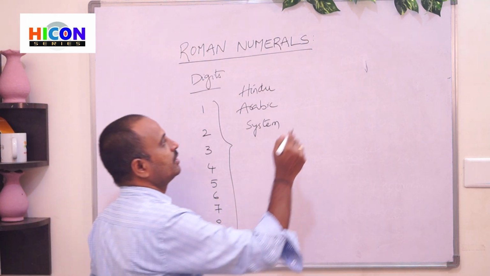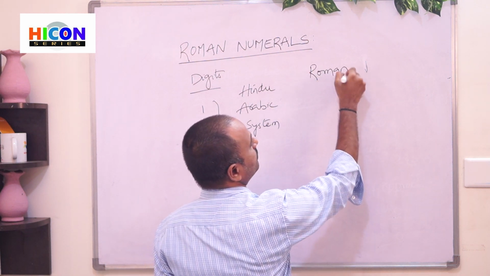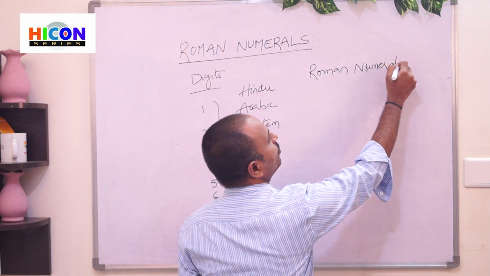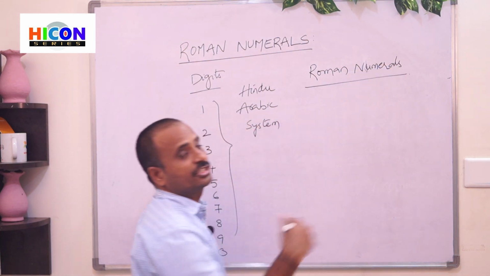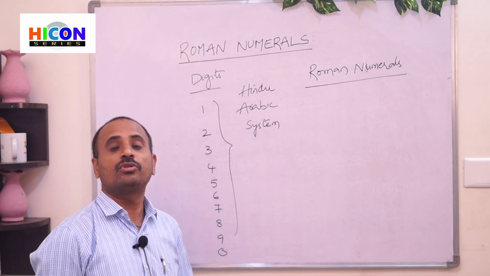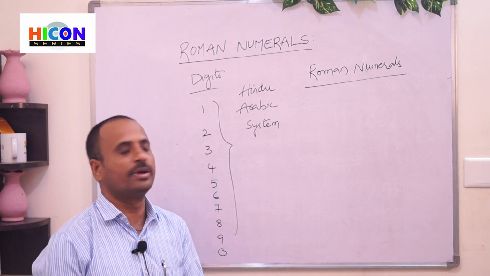Those 7 symbols are called Roman numerals. So the ancient Romans used 7 symbols to write the numbers, and those symbols are called Roman numerals.